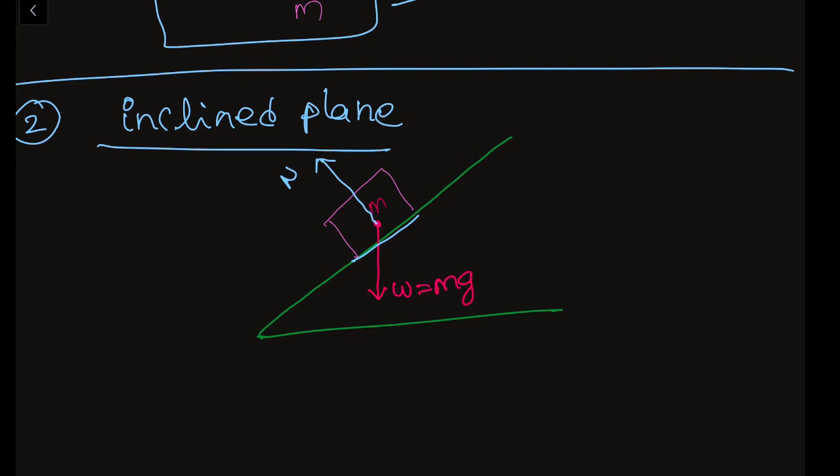Here we need to resolve the weight vector. Here we can draw one dotted line. Here some angle we have to observe. What is the angle here? The wedge has the same angle.